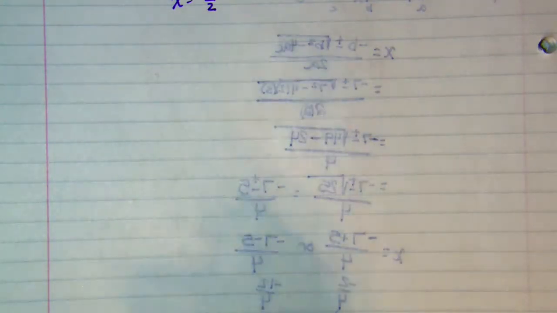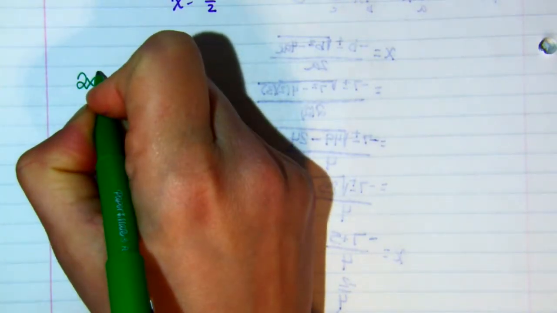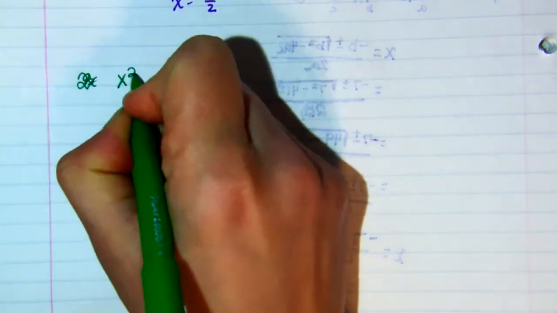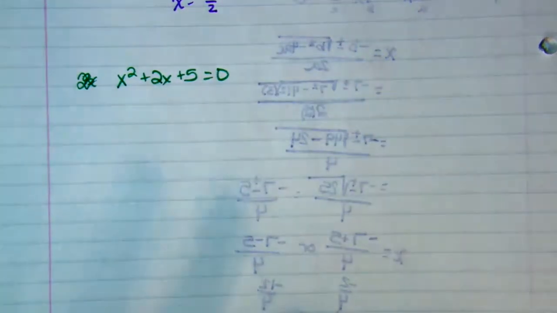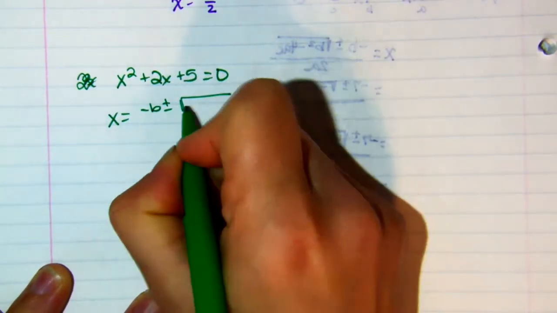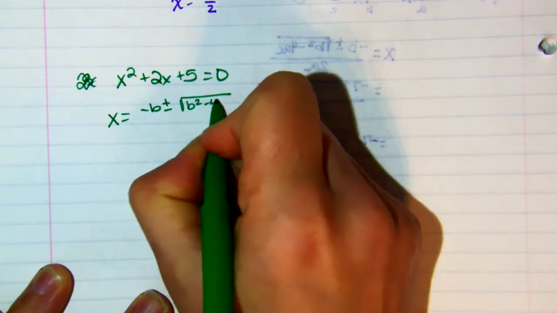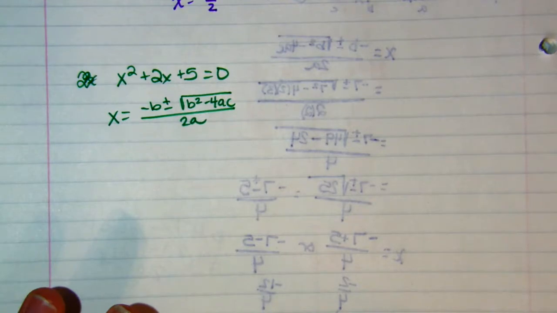So let's see if we have this one. Oops, sorry, let's try this. x squared plus 2x plus 5 equals 0. And I want to use the quadratic formula. Negative b plus or minus square root b squared minus 4ac all over 2a.